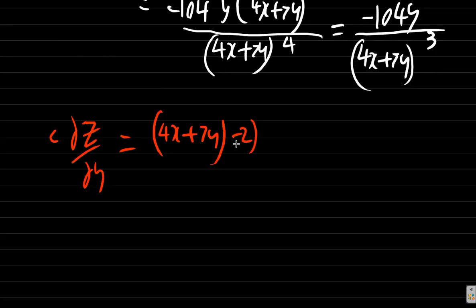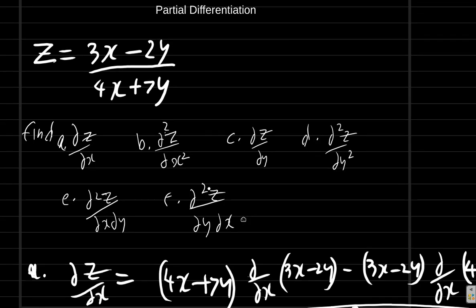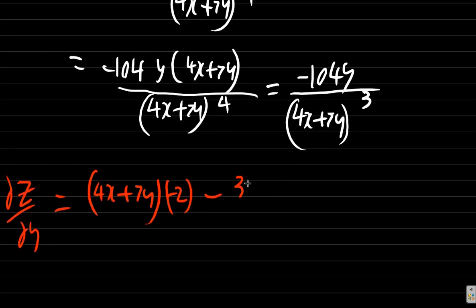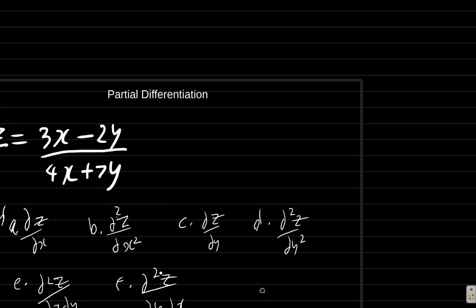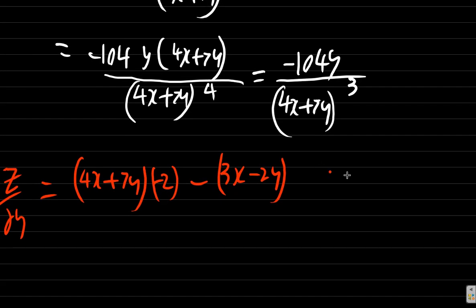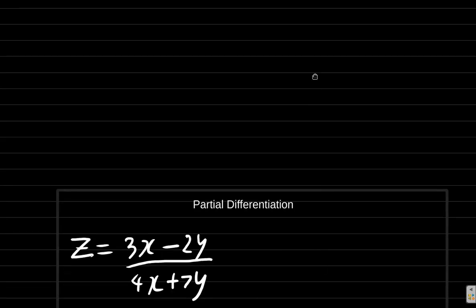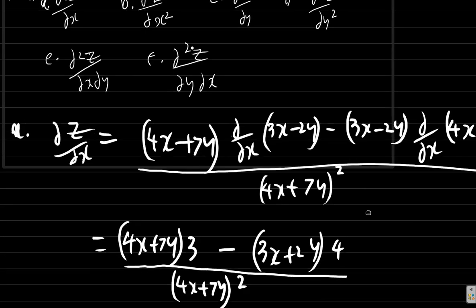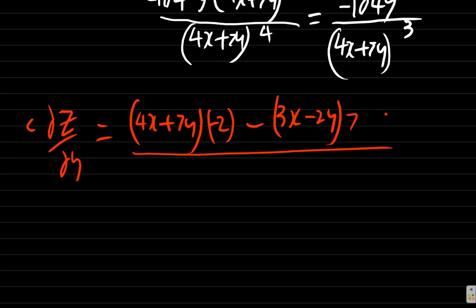So times negative 2, minus, hold the top, 3x minus 2y, as it is, times, differentiate the bottom with respect to y, that gives us 7, divided by the bottom squared, (4x plus 7y) squared.